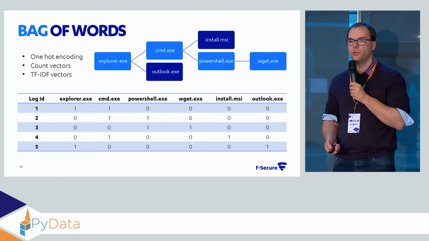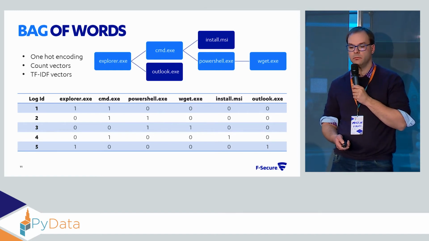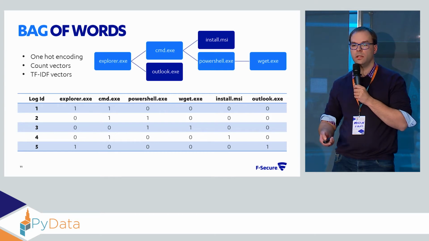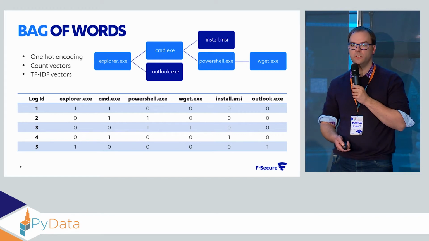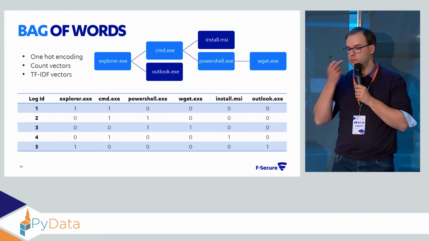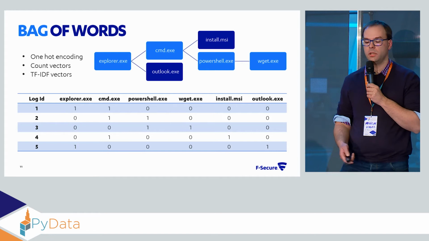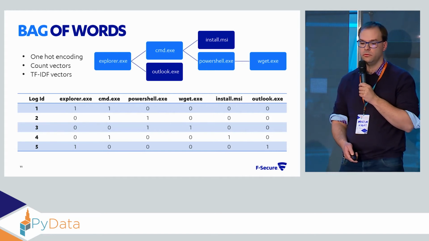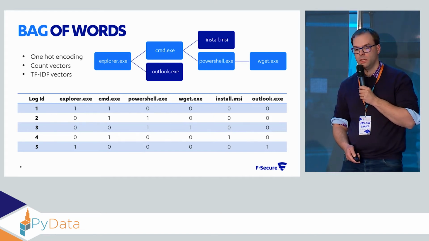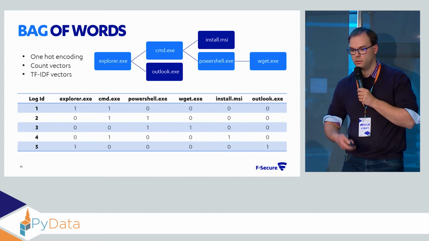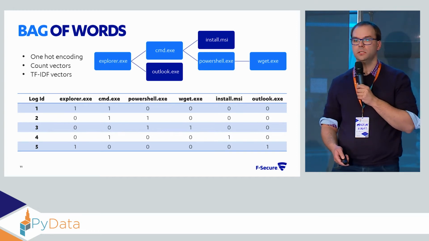With a bag of words approach, you usually take the event and encode what kind of program is executed within this event. In such a way, you can build either one-hot encoding, count vectors, or inverse document frequency, the different ways of counting the events.